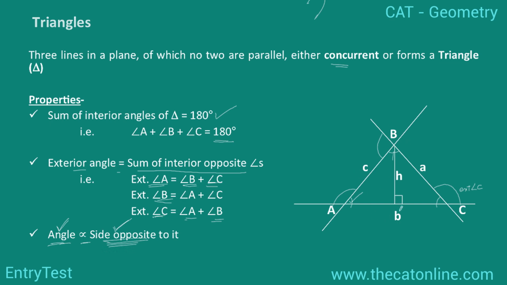Therefore, we use this nomenclature. Small a representing the side length will be exactly opposite to capital A. Small b will be the side length opposite to capital B. Small c would be the side length opposite to angle C. So side and opposite angle are directly proportional to each other.